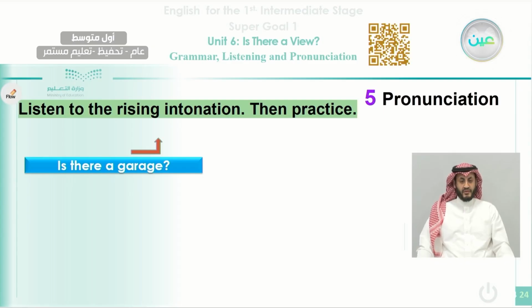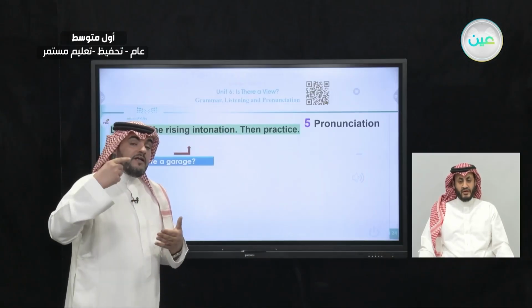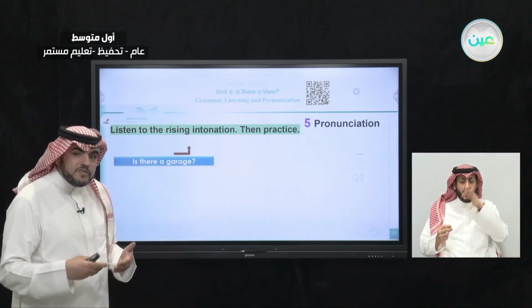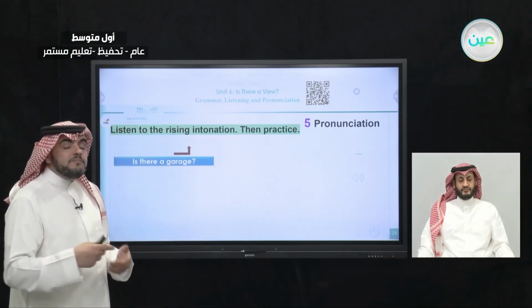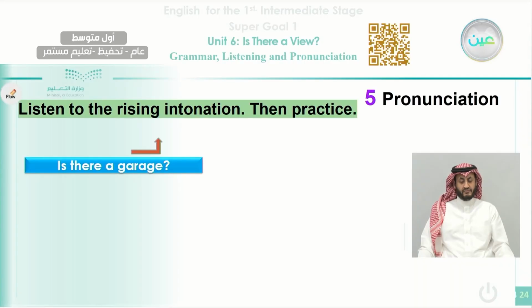Let's listen to one of your colleagues reading these sentences and try to repeat after her, because you will find that the best way to pronounce the yes or no question is by raising your intonation at the end of the question.